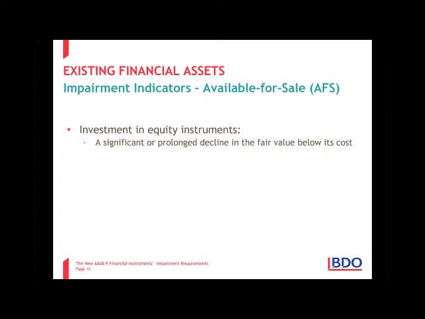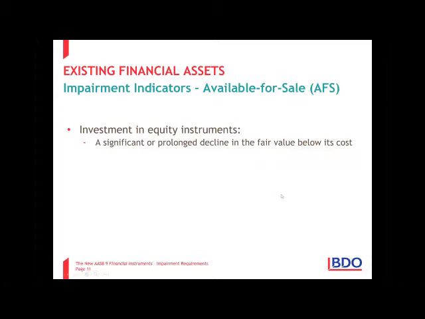Now, a number of you would have experienced some issues around impairment of available for sale financial assets. And to make the issue a bit worse, if your market recovers the next year, that increase in fair value in the next year would be put in the revaluation reserve or in OCI, and it would not be used to correct impairment losses recognized in the past.